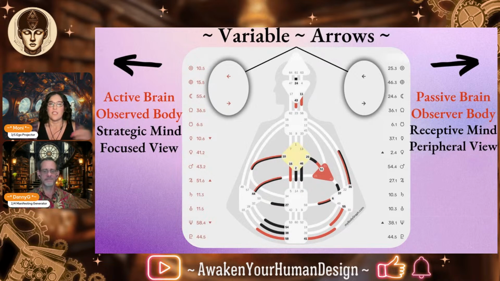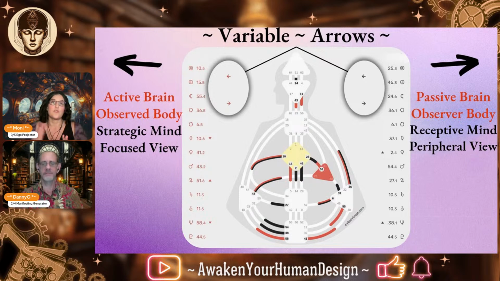The left top arrow would be an active brain, right? It's always churning and chugging and it needs food to process it, basically. If you're looking at the left bottom arrow, if that's left, that would be a busy body, an observed body that is active and constantly moving.